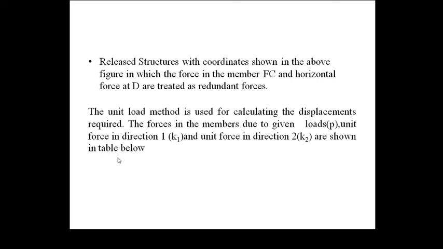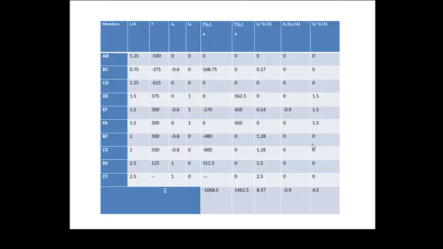The members are AB, BC, CD, DE, EF, FA, BF, CE, BE, CF. These are the members present in your truss.